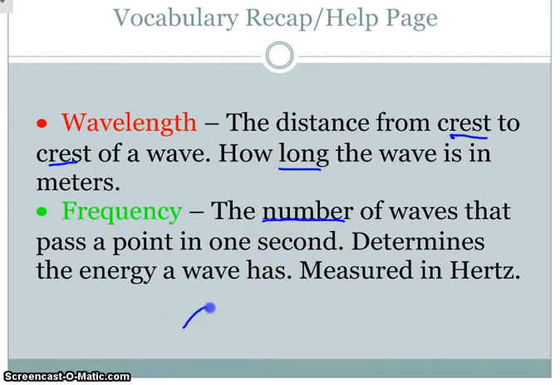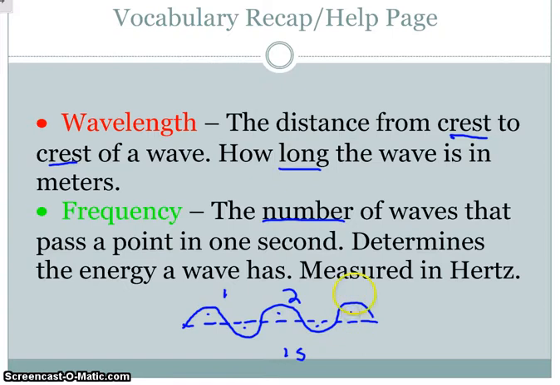And then frequency is the number of waves that pass a point in 1 second. If we looked at something like this, which we went over in class earlier, you divide that line as a resting point, and you say that happened over a time period of 1 second. You could see one wave here, that's wave 1. It's wave 2.